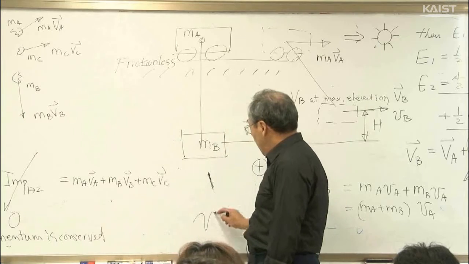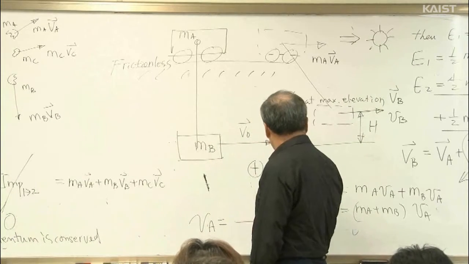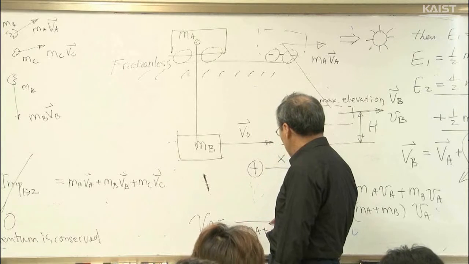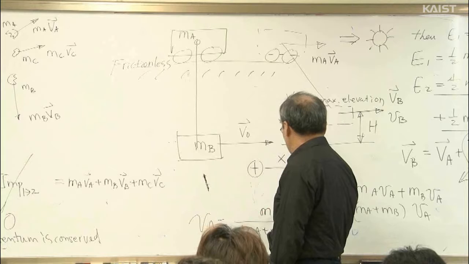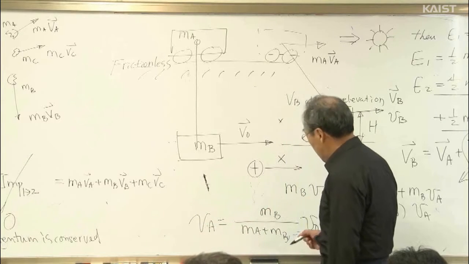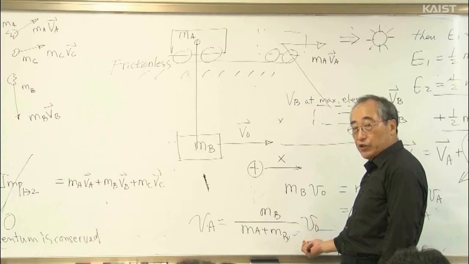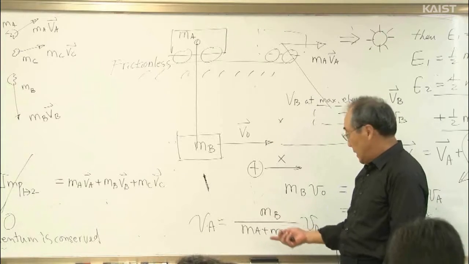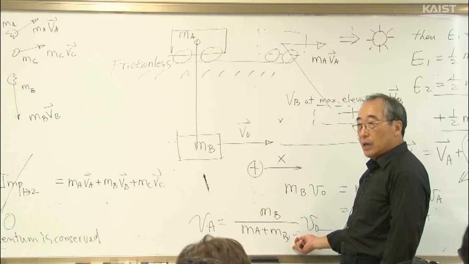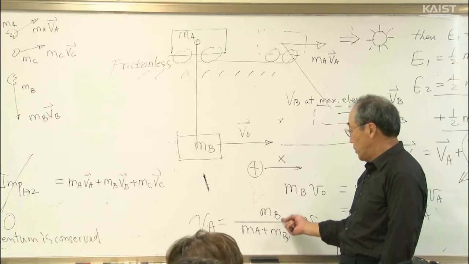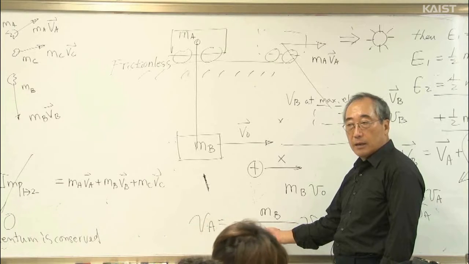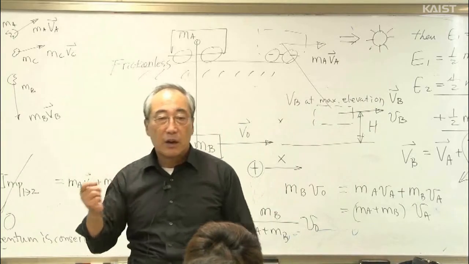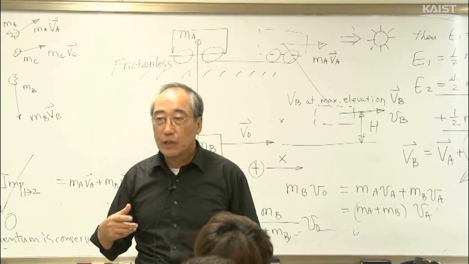Let's examine whether or not this solution is sensible by looking at extreme cases. Okay. If V0 is 0, then VA is 0. That's trivial case. If MB is very, very small compared with A, like I am putting a small particle on a big truck and then I move it, then nothing will happen.